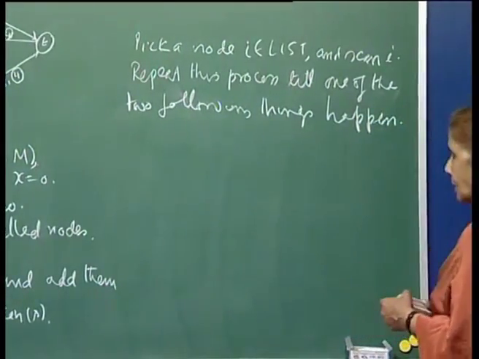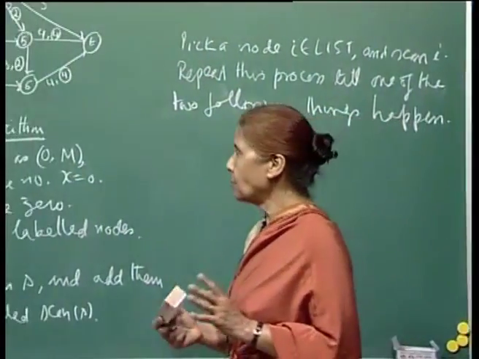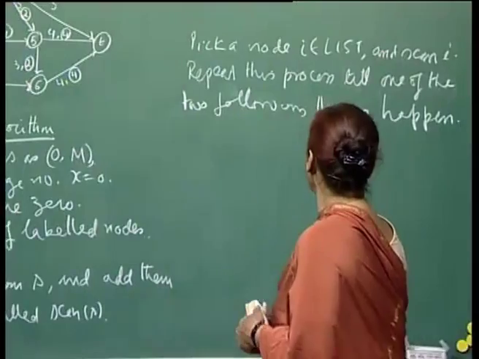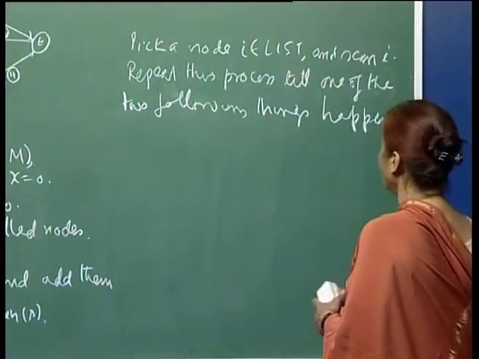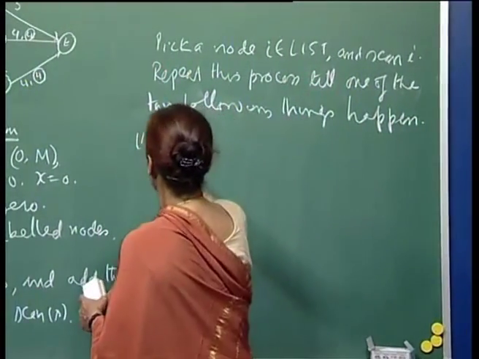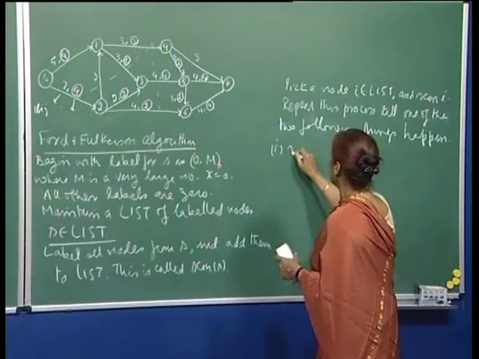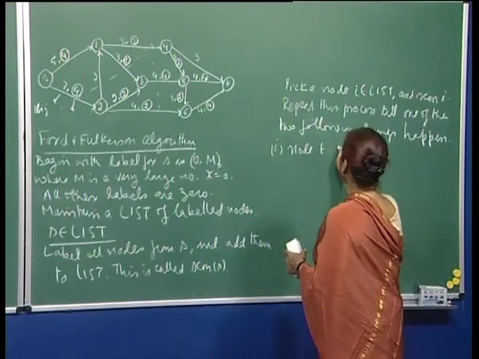Remember, the idea is to find an augmenting path. One of the two following things happens: node T gets labeled.